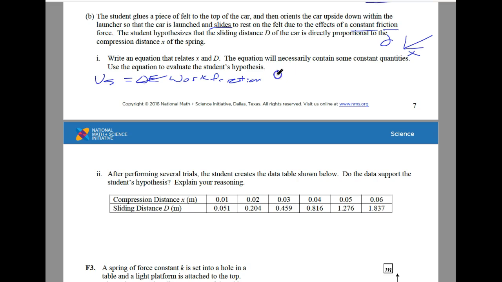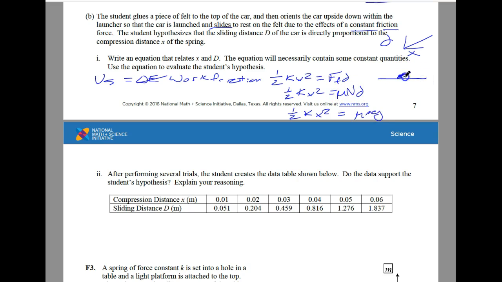In order to have the proper equation, you should have 1/2 kx squared is equal to the force of friction times some sort of distance. If you wanted to make this better, you could do 1/2 kx squared equal to mu, which is the coefficient, times normal force times the distance. And then if you really wanted to be special, you could say 1/2 kx squared is equal to mu mg for N, because it's on a flat surface.